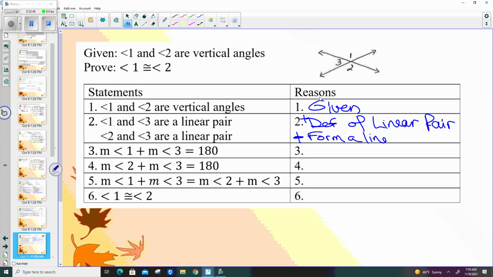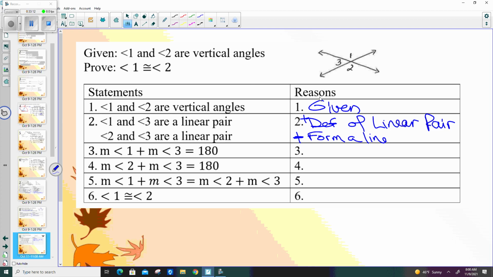All right. Then step 3 says the measure of angle 1 plus the measure of angle 3 is 180. This is back to chapter 1. What are we doing? They're supplementary angles, so we know if we add the two little parts, we get to the whole, right? What did we say at the beginning of this lesson?